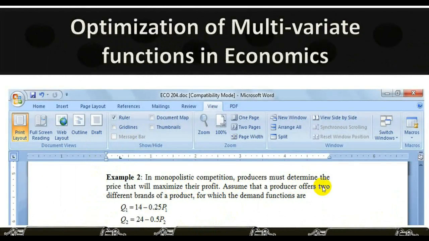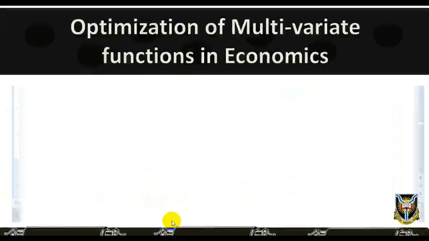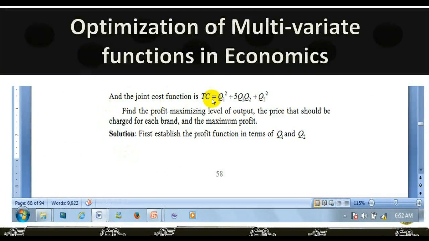Assume that a producer offers 2 different brands of a product for which the demand functions are Q1 equals 14 minus 0.25 P1, Q2 equals 24 minus 0.5 P2, and the joint cost function is TC equals Q1 squared plus 5Q1 times Q2 plus Q2 squared.